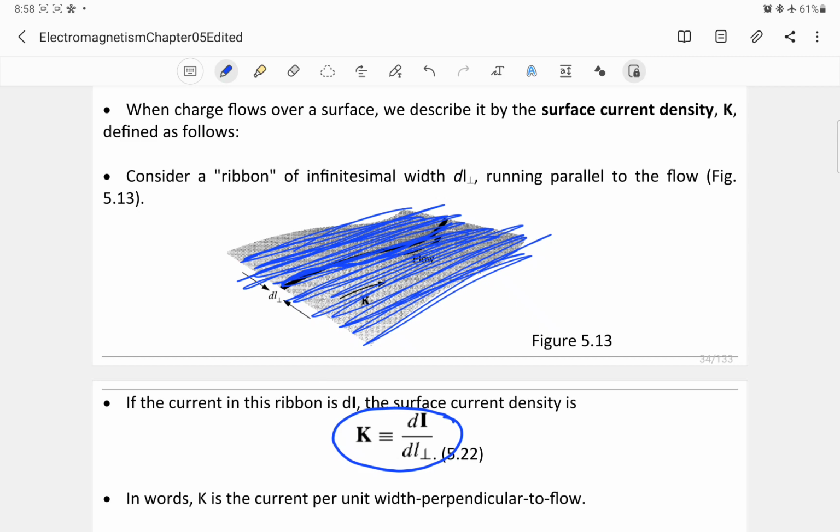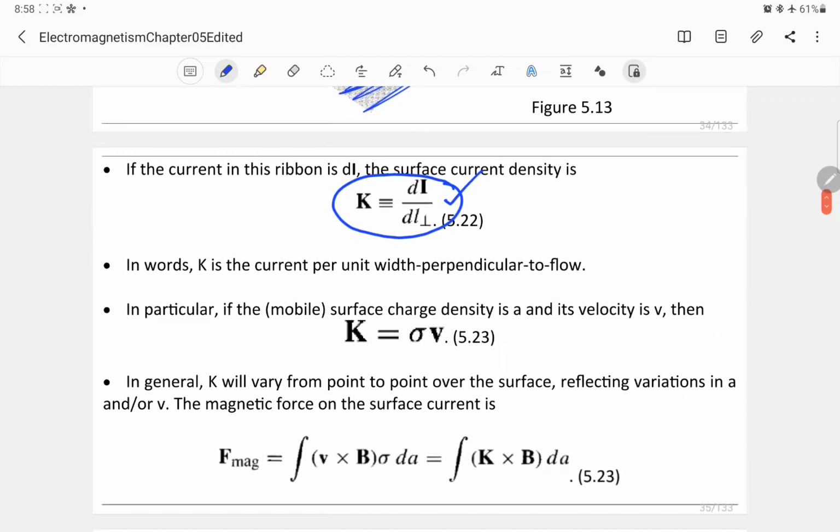If the current in the ribbon is dI, the surface current density therefore is this one here. So K is the current per unit width perpendicular to the flow. In particular, if the mobile surface charge density is sigma and its velocity is v, then your K would be this one.